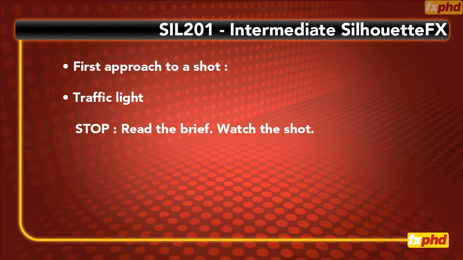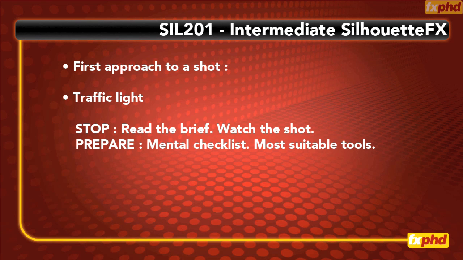And the next thing is to watch the shot and just watch it on loop, watch it ping-ponging back and forth, and really get to know the ins and outs of it. It's worth spending those extra 5 minutes at the beginning of a job, just watching a shot back and forth, until you know it so completely that you can shut your eyes and actually see what's going on. Because that's really going to help you for the next bit of the traffic light. And that's all about preparing to go.